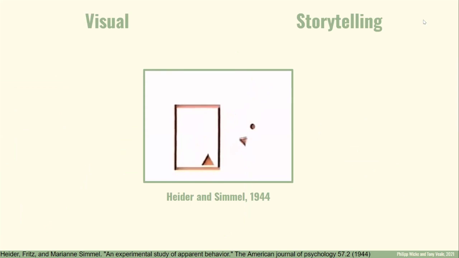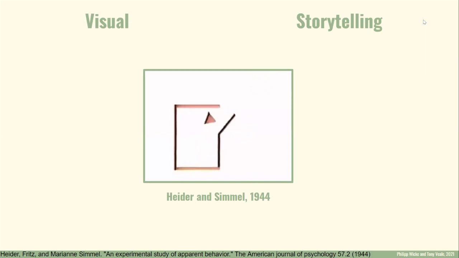Most participants immediately started attributing character traits and inventing a story that narrates what they were seeing on the screen, even though it was just arbitrary shapes moving. So it's the observer bringing their intentions through the schematic movement.